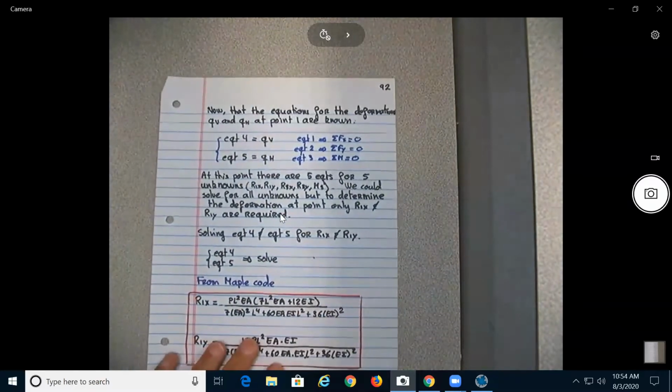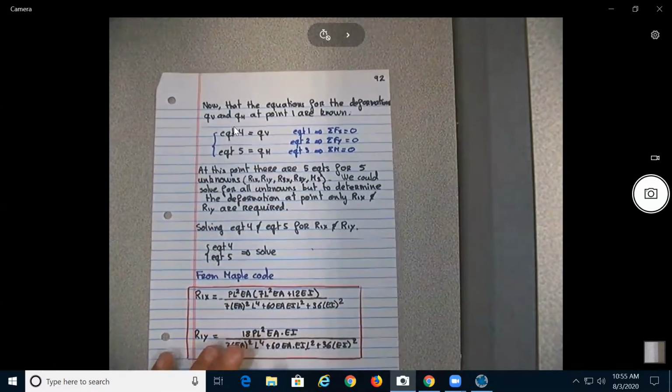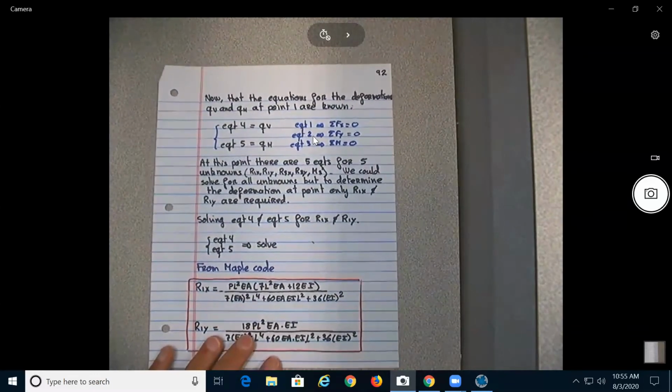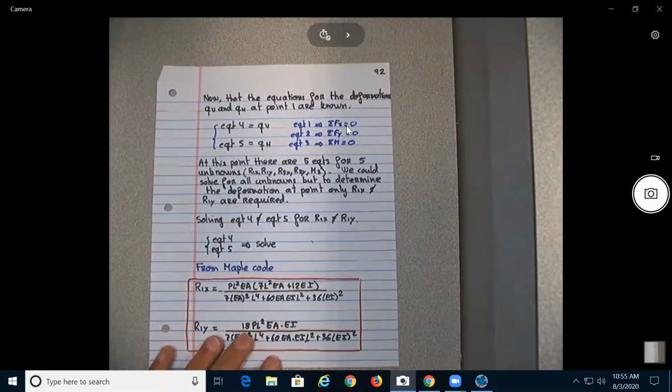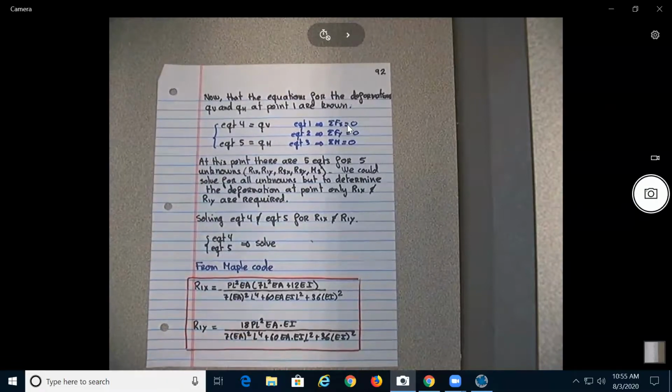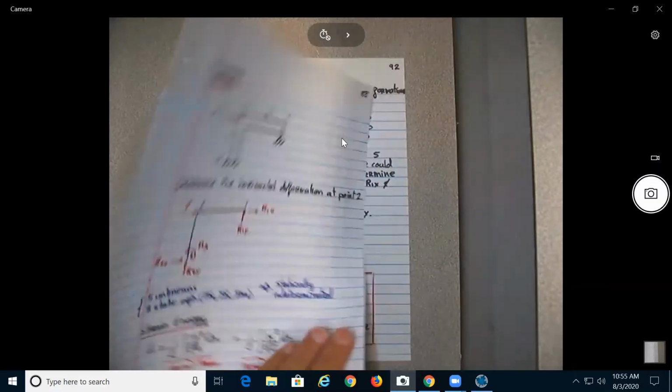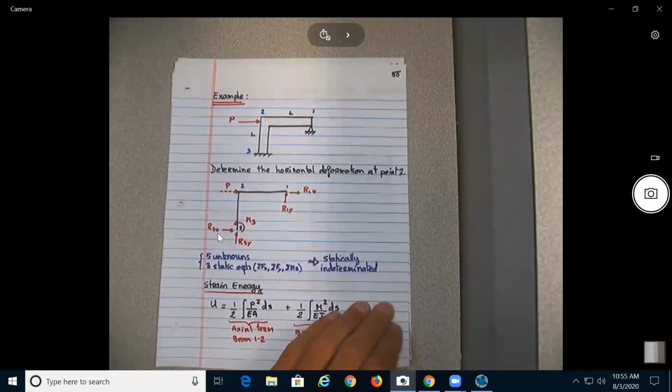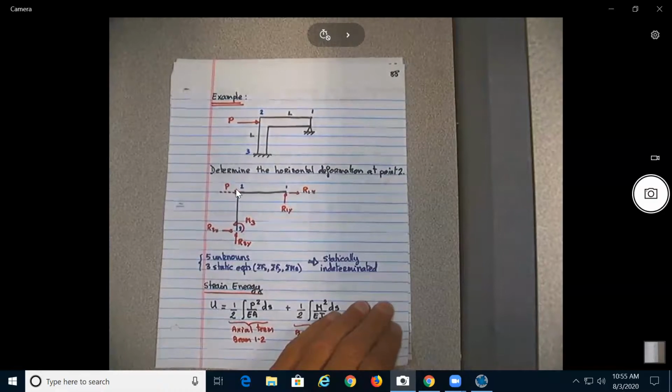The reason I call them equation 4 and 5 is that I did not put them, but equations 1, 2, and 3 should be what? Summation of forces on the X. So what should be the equation of forces on the X if I needed to write it down? It would be R3X plus R1X plus P, okay?